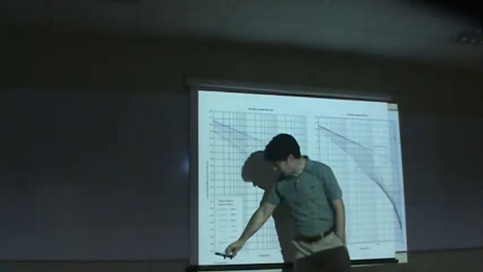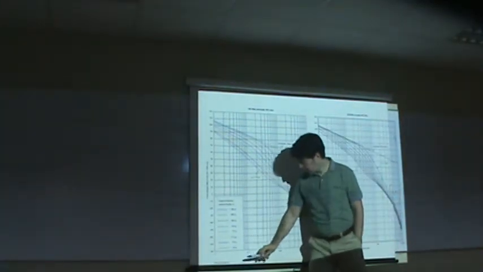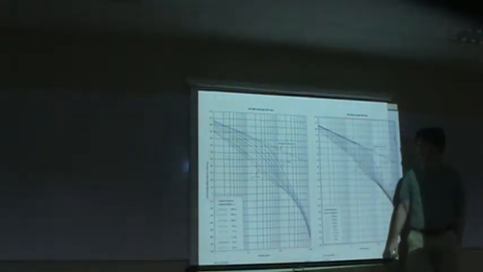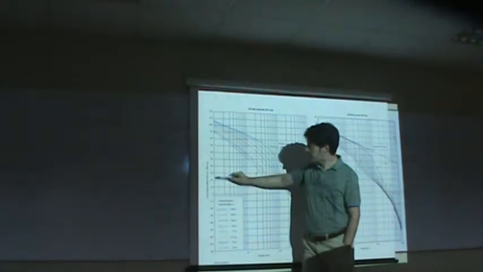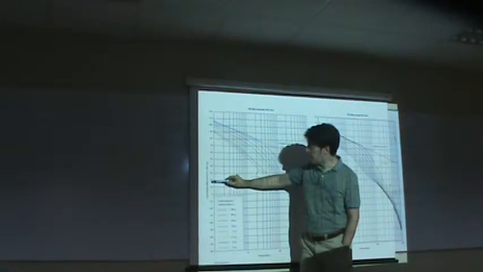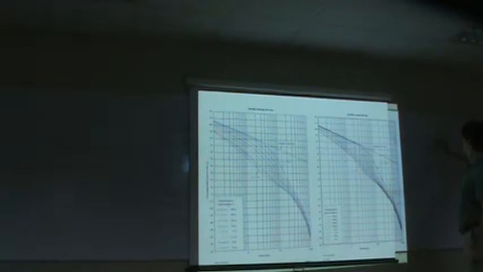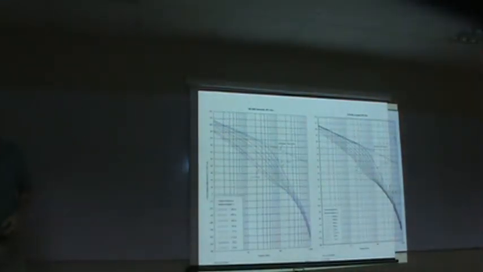Now you have here distance in kilometers. This is a log scale, so you have 1, 10, 100, and 1,000 kilometers. And here you have field strength in dB with respect to 1 microvolt per meter.